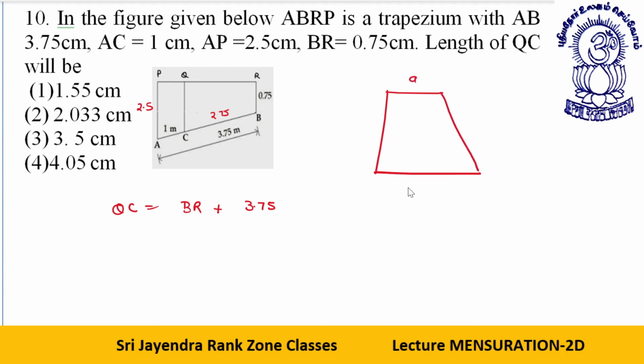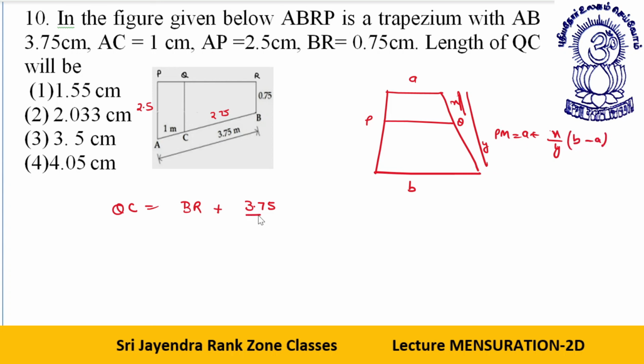This side is A, this side is B. Let's say, find this PQ. So PQ was A plus, this ratio is, let's say, X upon X plus Y, this portion upon this total portion, into B minus A.